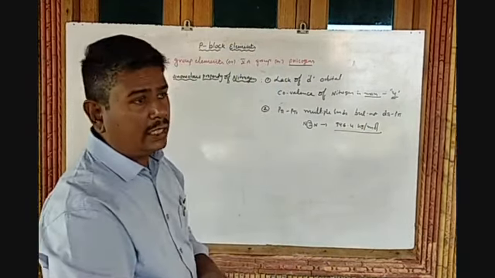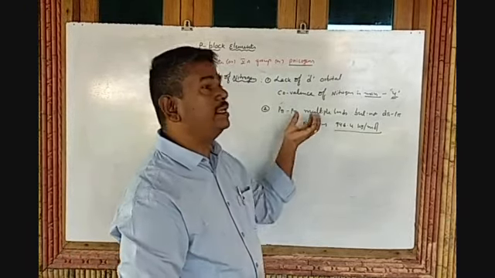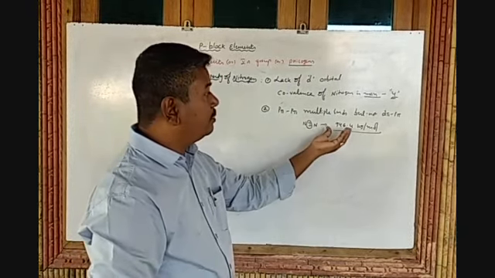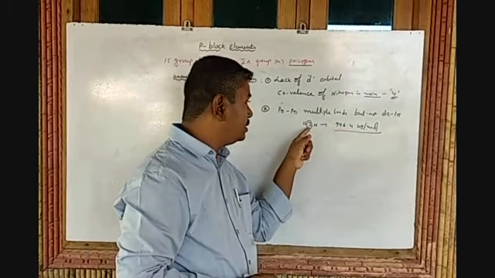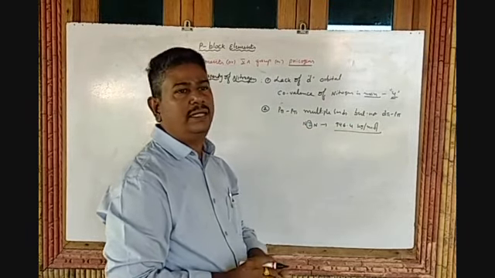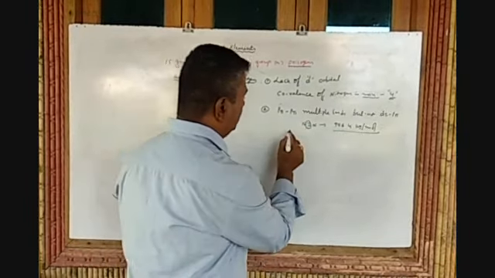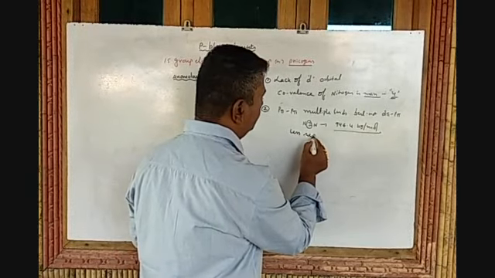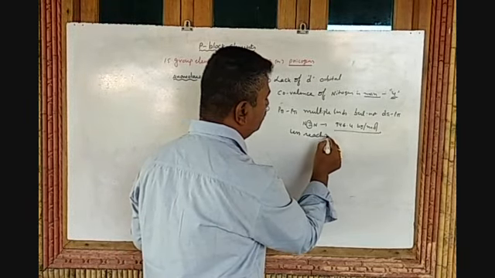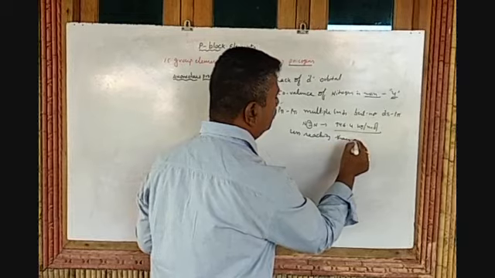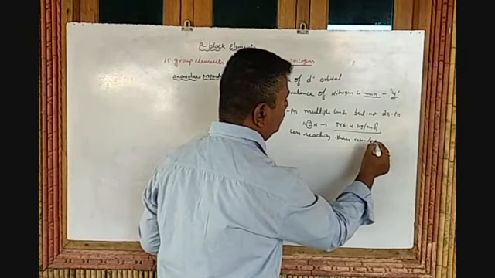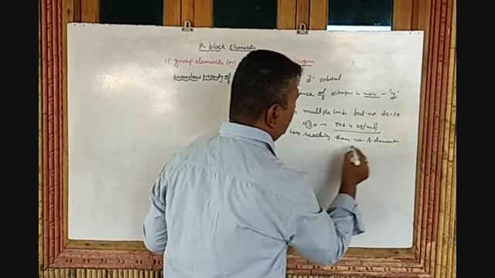So if nitrogen wants to participate in a chemical reaction, we require more energy to dissociate this triple bond. So nitrogen possesses lesser reactivity than the rest of the elements in that group.